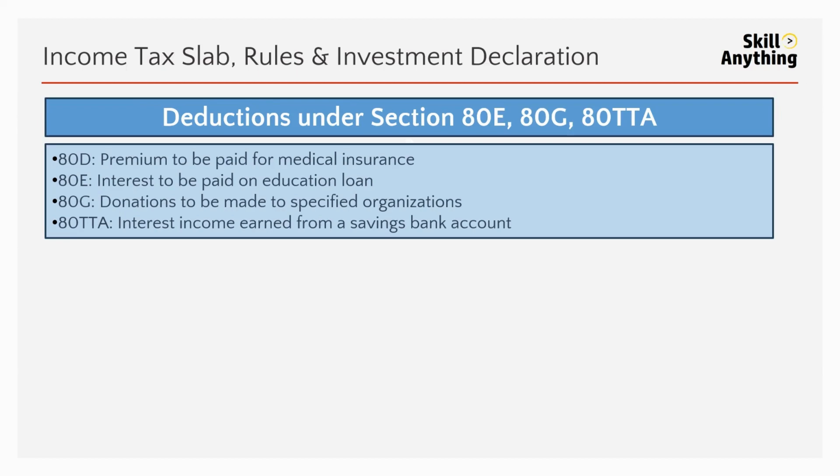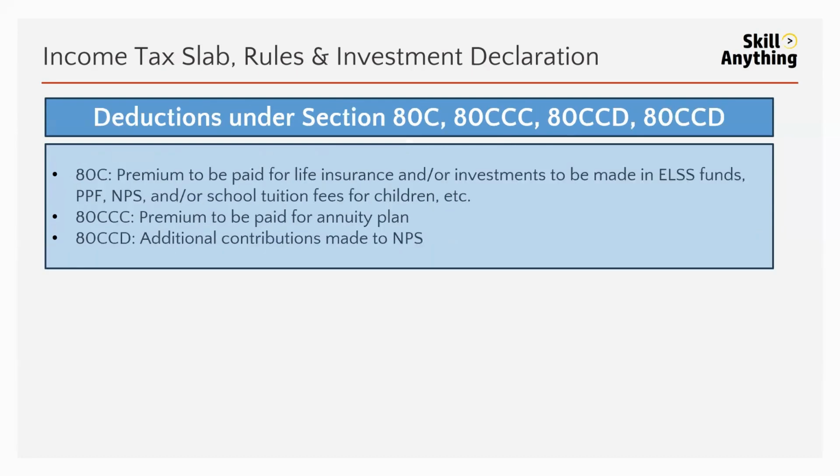For the investment declaration, you have to provide the medical insurance premium. If you have an education loan, you can provide the education loan certificate. If you have made a donation, you can provide the donation certificate. For savings account income, you can provide the passbook as proof. For life insurance premium paid, you can provide the life insurance certificate.